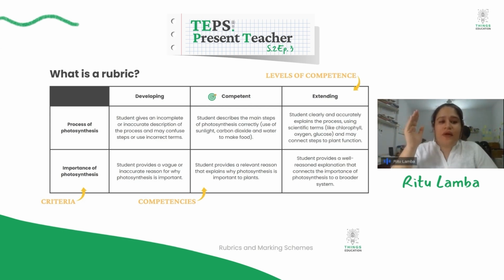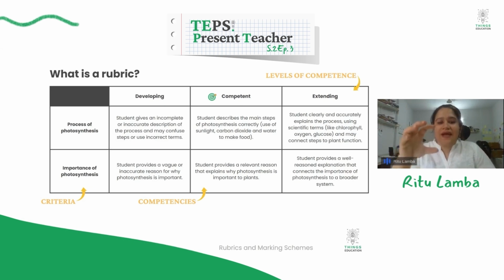Then you have criteria. Whether you're thinking of a topic or a learning outcome, you have to break that down into sub parts or sub criteria or qualitative aspects of that learning outcome. So in this case, for example, if you think of photosynthesis, there's the process of photosynthesis and the importance of photosynthesis. These are two qualitative aspects, or the two criteria in this topic of photosynthesis, that we want to assess our students on.